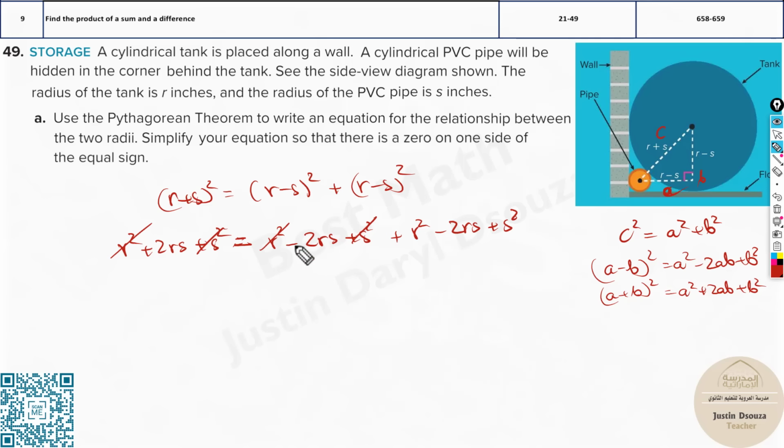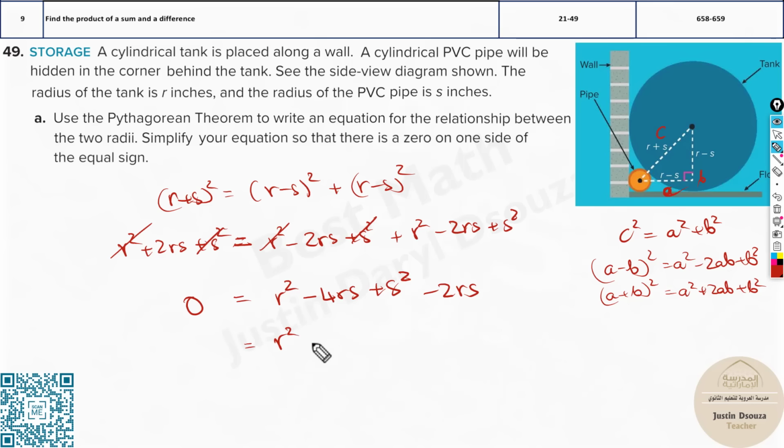Because if I move this 2rs to the other side, it's going to be plus. But since there are many positive terms here, I'm going to move this to the other side. Here it'll be r squared minus 4rs plus s squared, and I will get this to the other side. Again, we have minus 2rs. And over here, nothing is remaining, so it's 0.